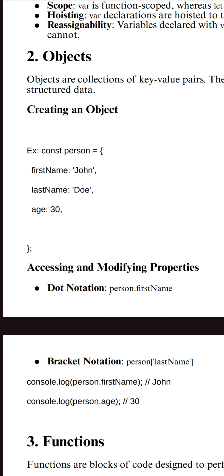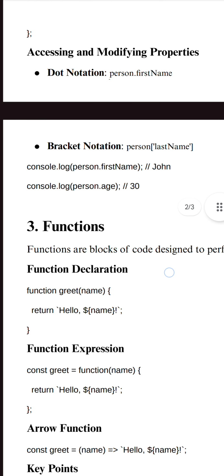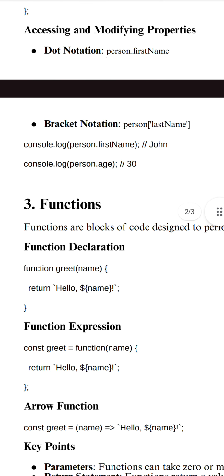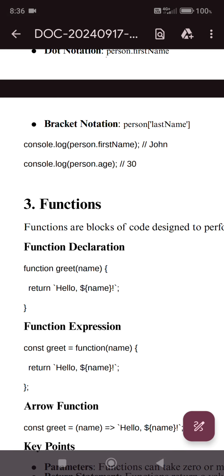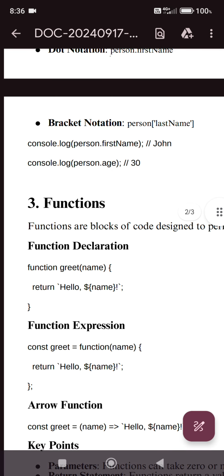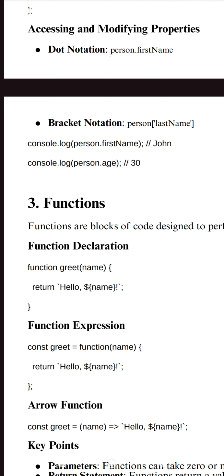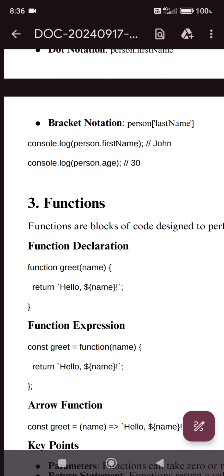So this contains first name, last name and age of that person. We can also get output by using these lines. This first line console.log of person.firstname gives the output as John, and the next one gives the output of age.